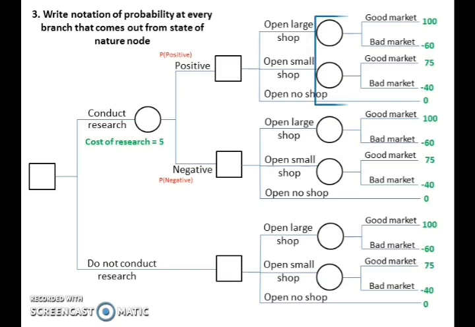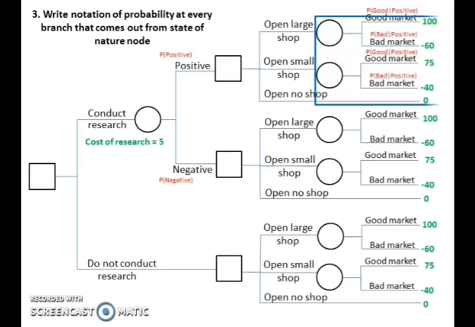Now let's look at this part of the tree. There is another state of nature branch behind this which is positive. So for the good market branches, the probability would be the probability of good given positive. And for the bad market branches, the probability would be the probability of bad given positive.